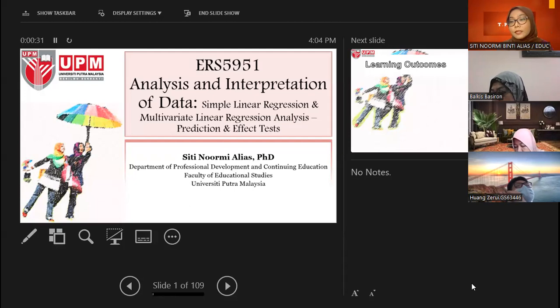Tak perlu buat satu-satu. Unless in your study you just include 1 IV and DV. That one just now was the example of bivariate analysis. But if you include more than 2 variables in the correlation analysis, it becomes the multivariate analysis lah. Okay, more than 2 IVs.